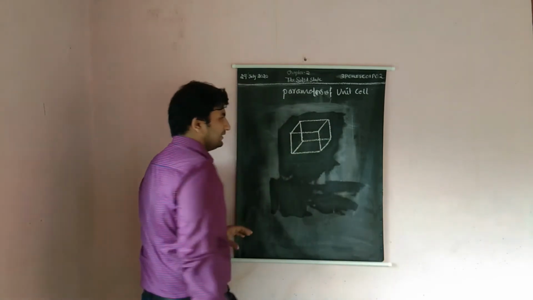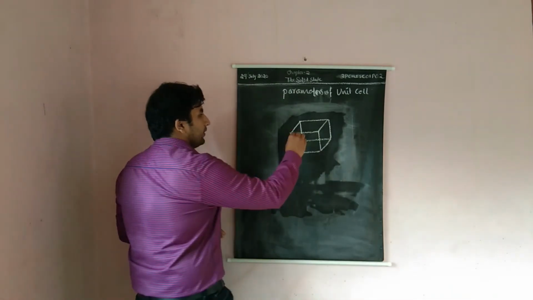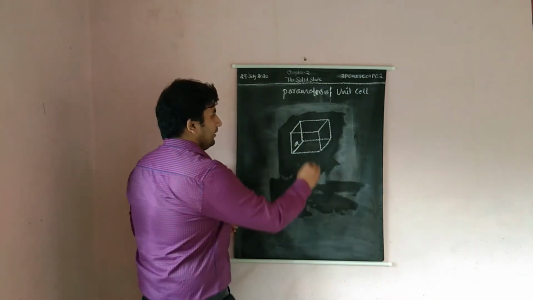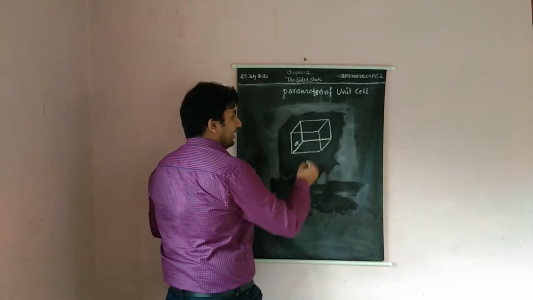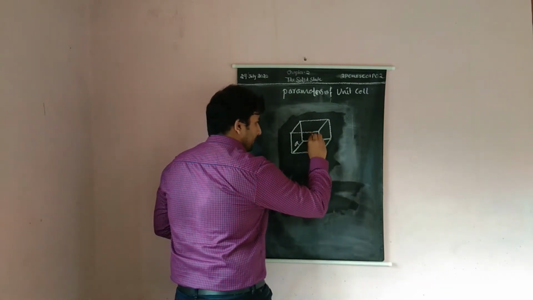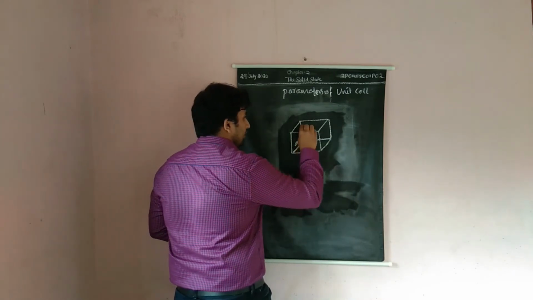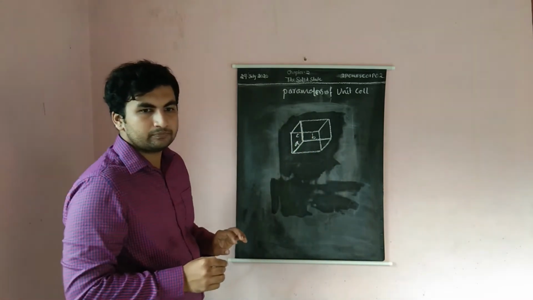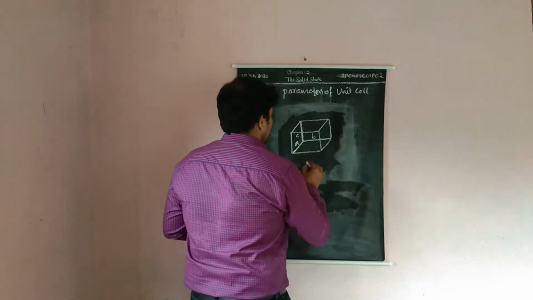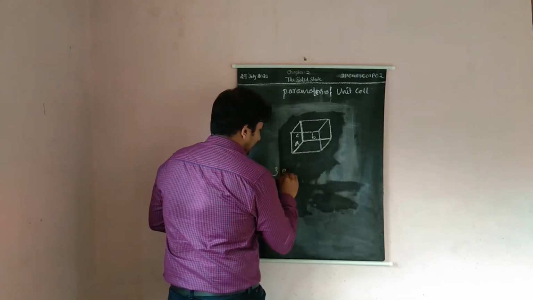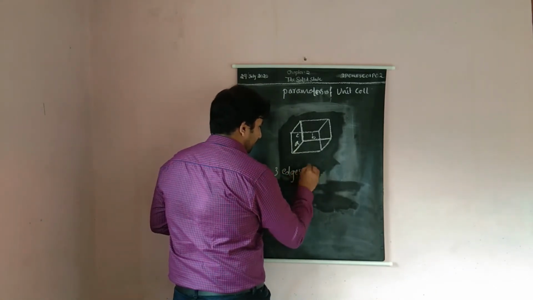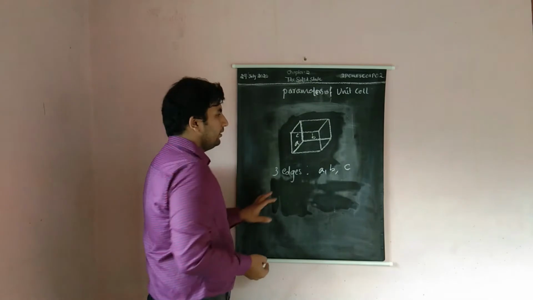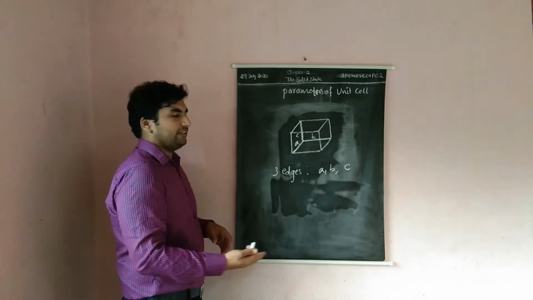In that, this is one edge, I will name it A, and this is one more edge, I name it B, and in the upward direction one more edge, I will name it C. So there are 3 edges, A, B and C.